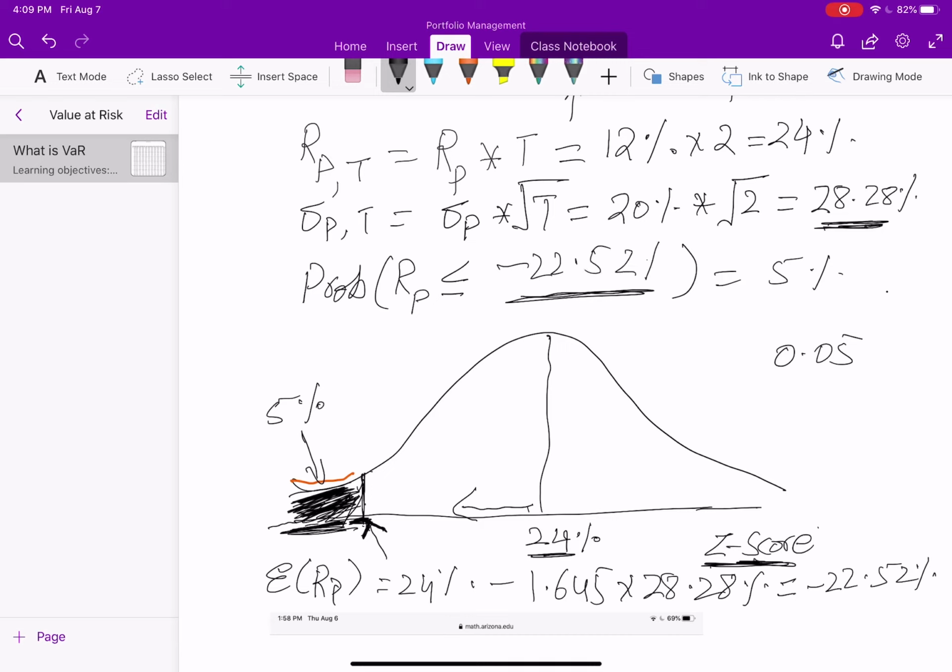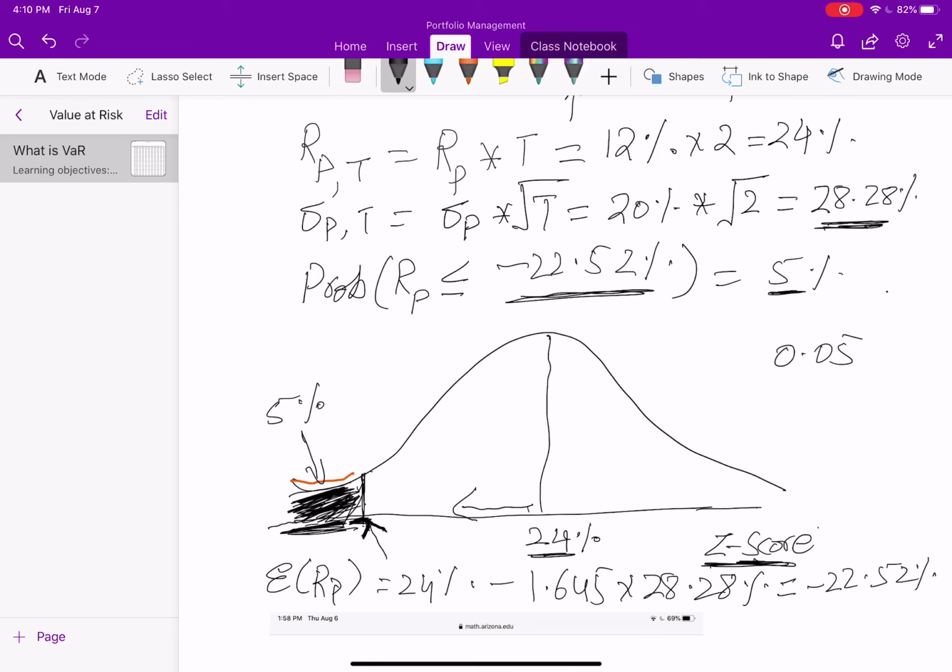So minus 22.52% is the answer. VaR statistics is suggesting that there is a 5% chance that in the next 2 years, for investing in this S&P 500 index fund, based on the historic data, the loss will be at least 22.52% or more.